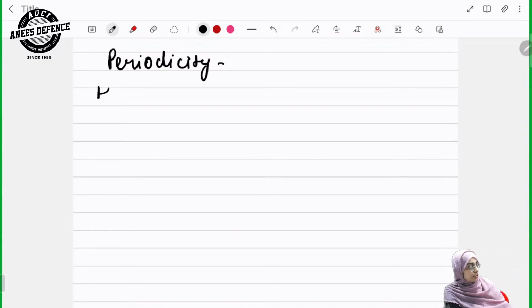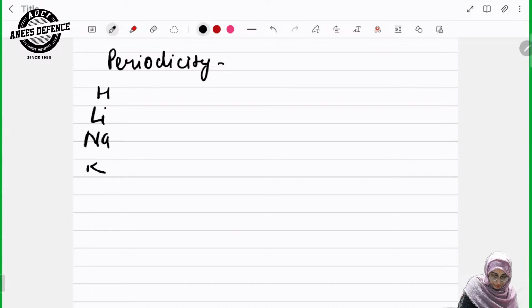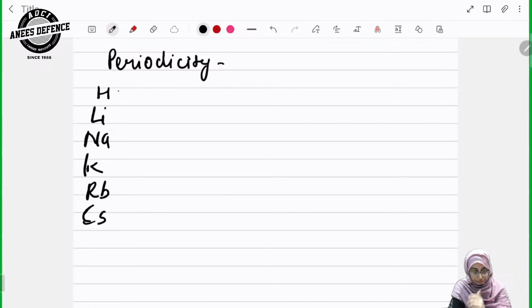we'll see the example of group 1. Hydrogen, lithium, sodium, potassium, rubidium, and cesium. These elements are of group 1. What we see is that they have comparable properties, with some gradual increase or maybe gradual decrease in their properties.